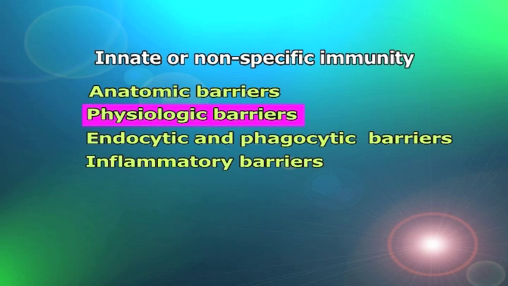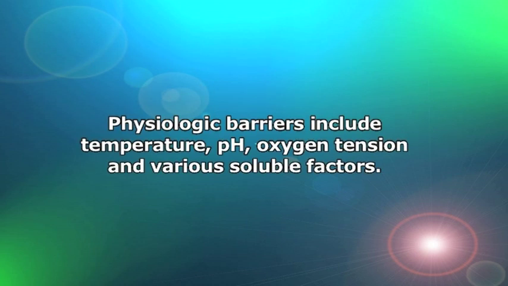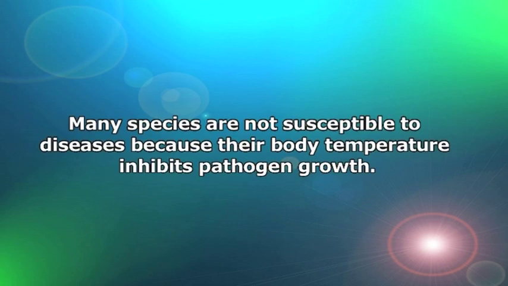Physiologic barriers. Physiologic barriers include temperature, pH, oxygen tension, and various soluble factors. Many species are not susceptible to diseases because their body temperature inhibits pathogen growth.